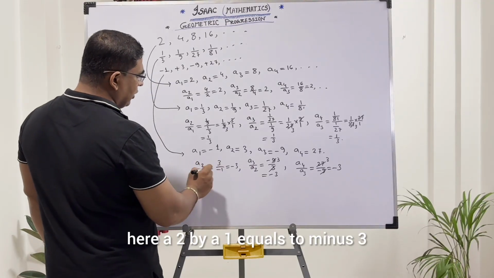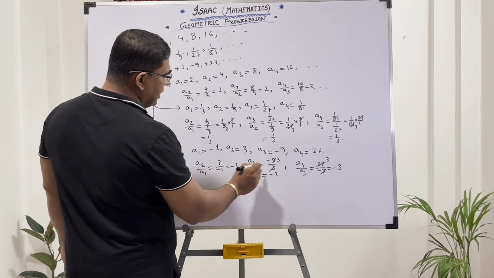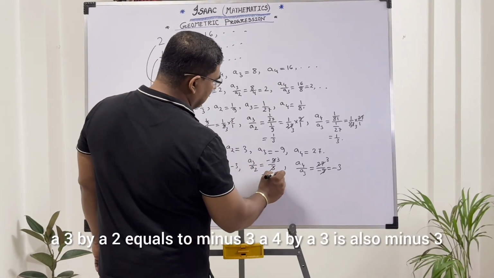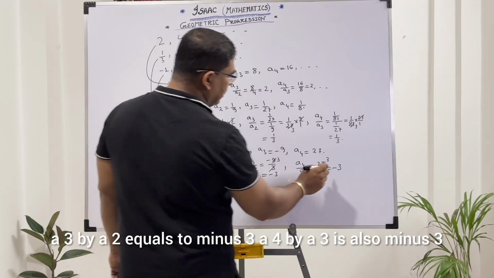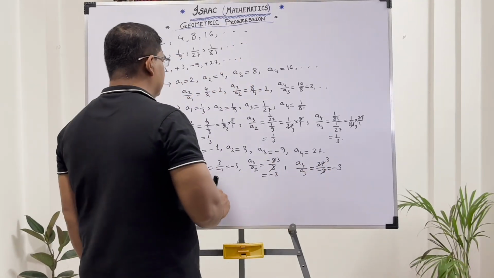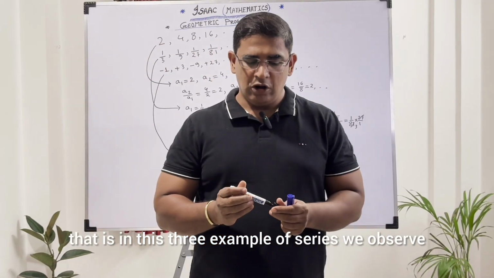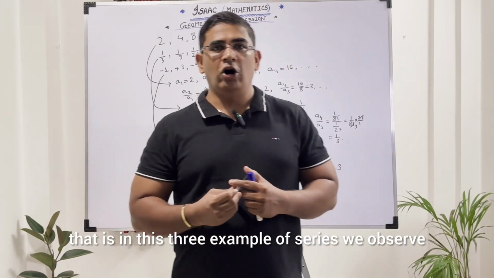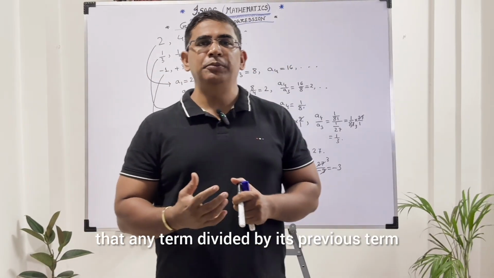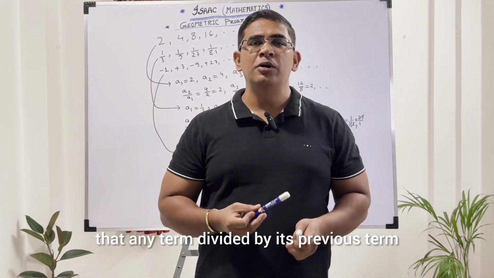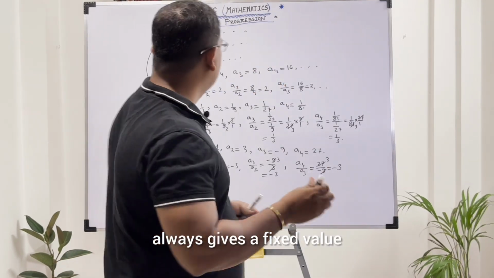Here A2 by A1 equals minus 3. A3 by A2 equals minus 3. A4 by A3 is also minus 3. That is, in these three examples of series, we observe that any term divided by its previous term always gives a fixed value.